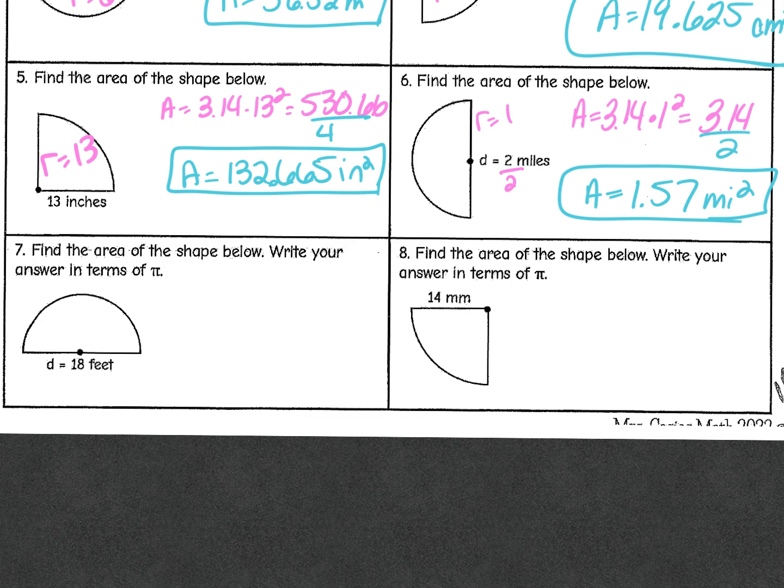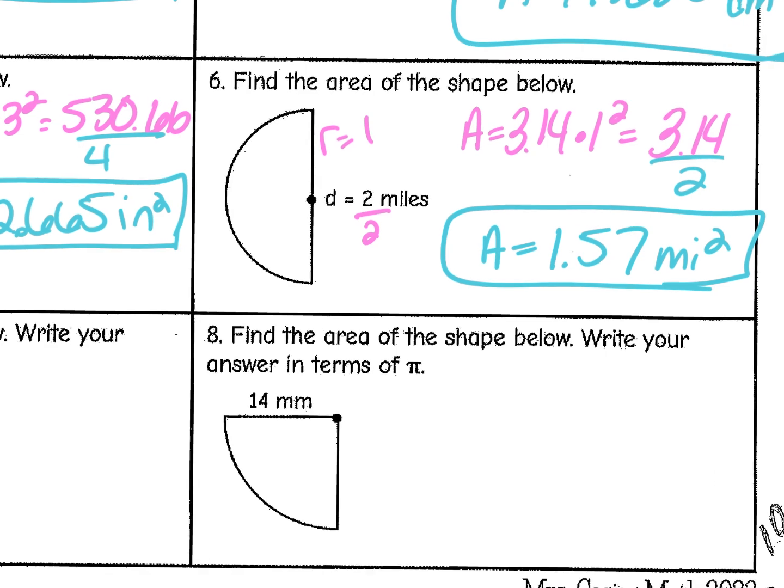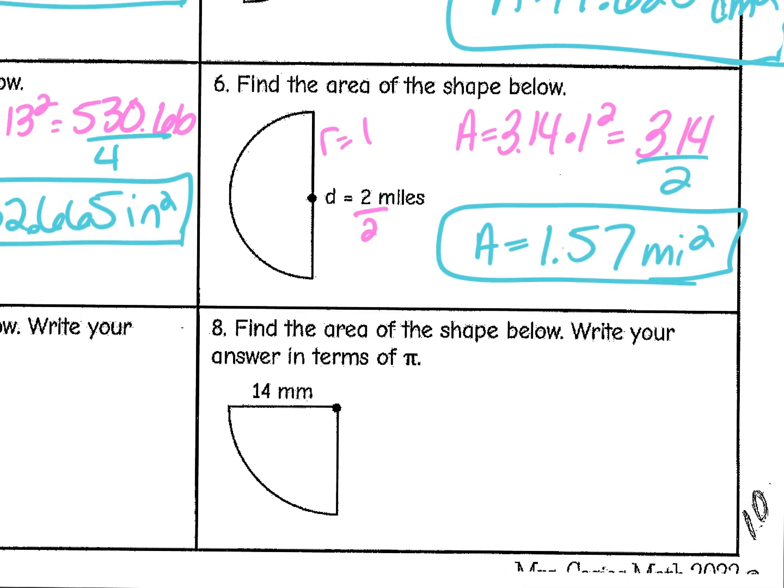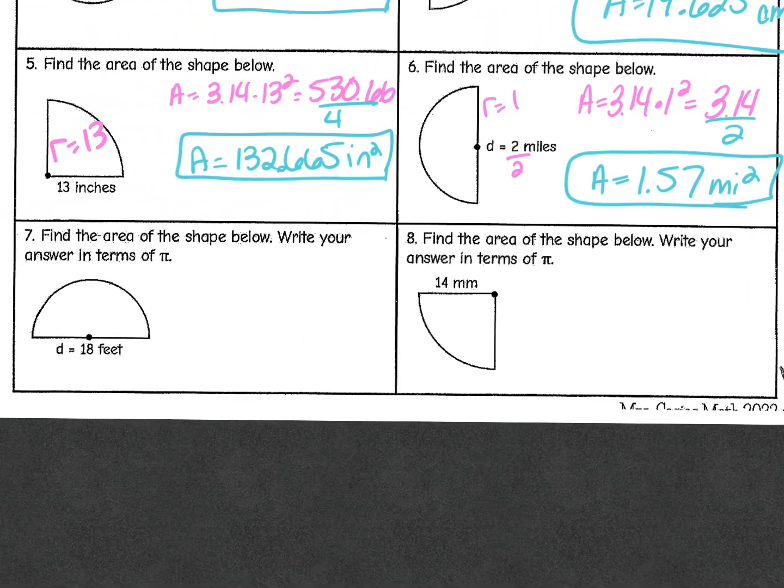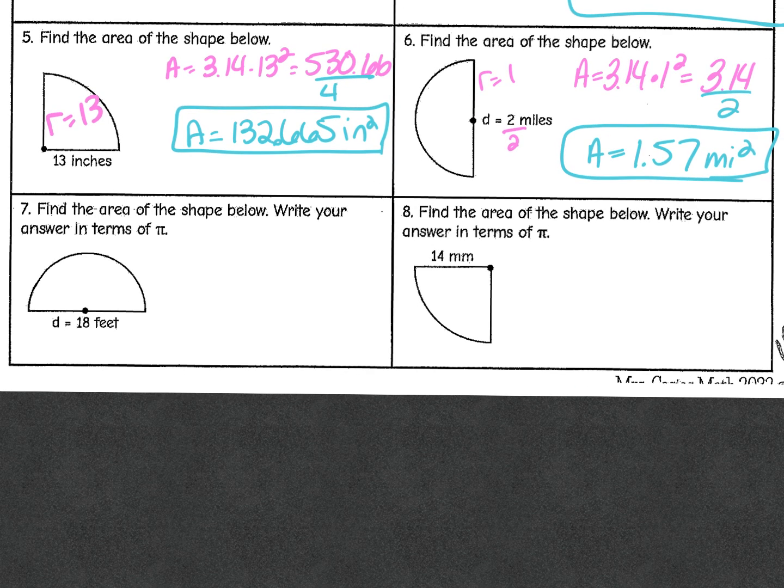The biggest thing is once you have the area, make sure that you decided that you're dividing correctly, whether it's by 1/4 or dividing by 4 to get 1/4 of the pizza or half. Careful on this one, your radius was 1 because 2 divided by 2 is 1. Okay, make any corrections you need.